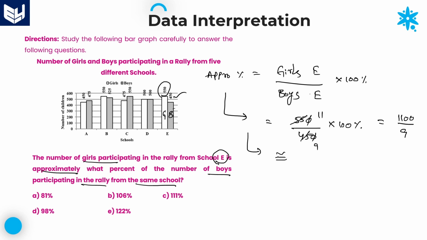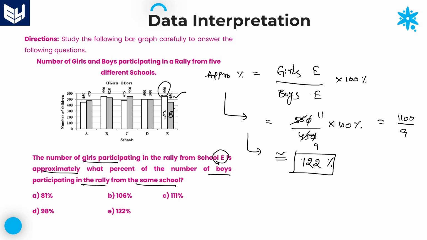You don't want to calculate decimal values as 1100 is not divisible by 9. You just take the approximate answer. First 9 ones are 9 and you are left over with 2, 20. 20 means 9 twos are 18. Still 2 will be left over. 20, again 9 twos are 18. So 122 percentage. That is the approximate value.